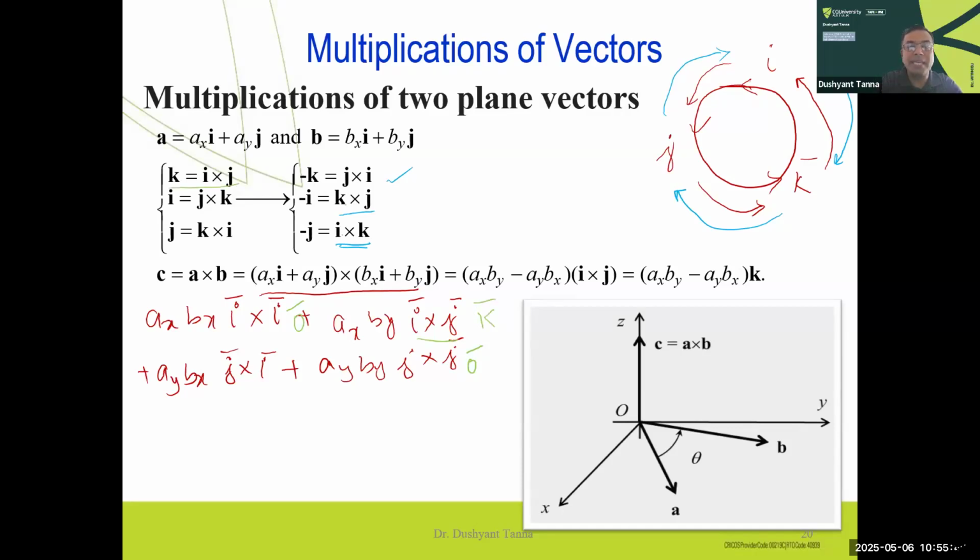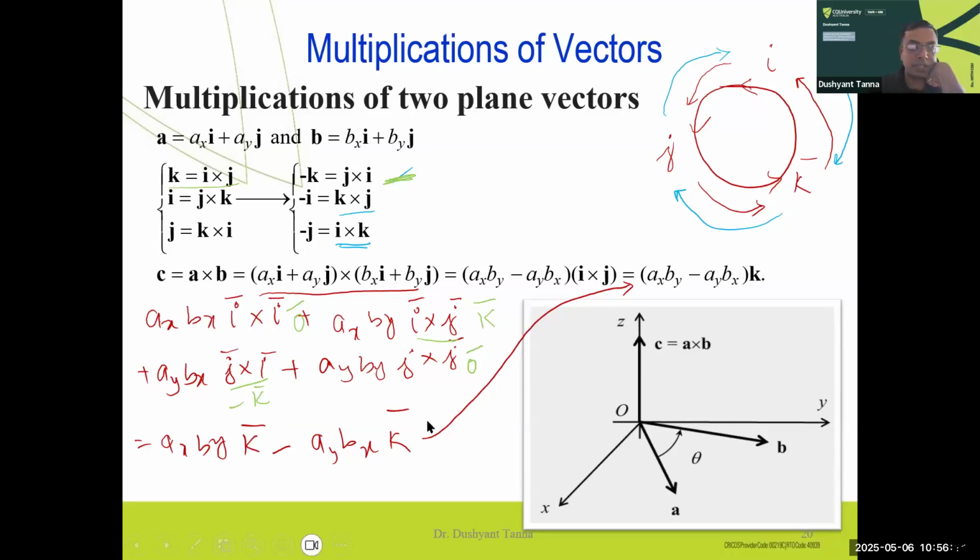J cross I is minus K. So what we are left with is ax by K minus ay bx K. Once you combine it, you have ax by minus ay bx, K.